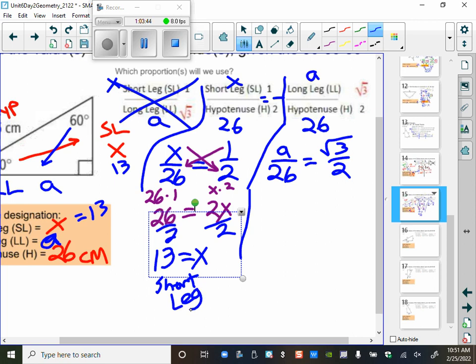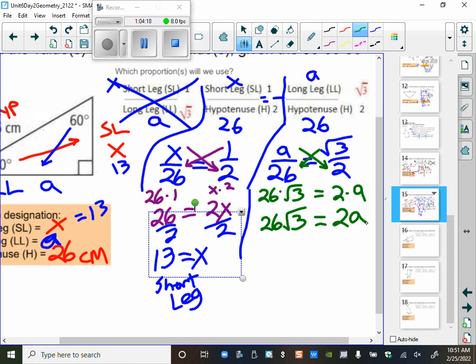All right, now let's get this one. Like before. This one is not too bad either. Because 26 times square root of 3, can we do anything to that? No, that's going to be left alone. But what about A times 2? A times 2 is 2a.